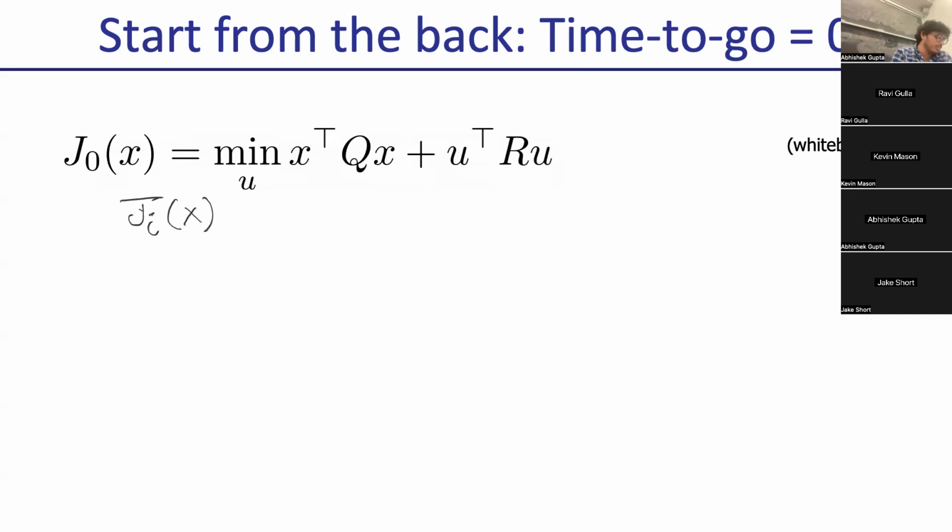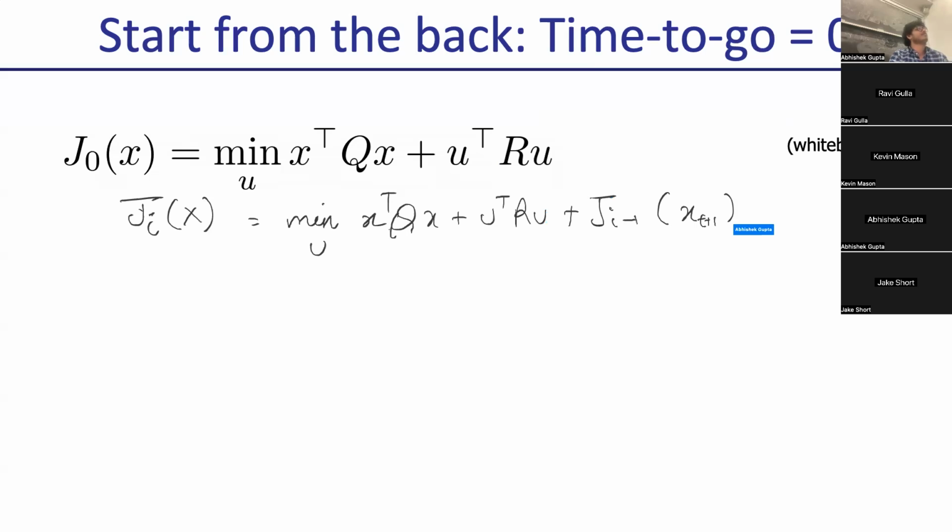So J sub I of X is going to be essentially min over U of X transpose QX plus U transpose RU plus J sub I minus 1 of X at time t plus 1.